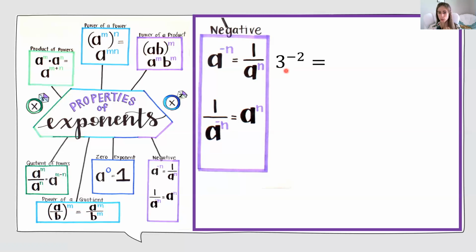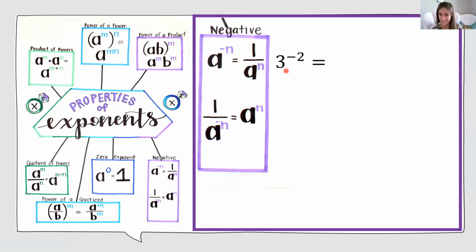Well, remember, in order to change an exponent's sign, you move it to the other side of the fraction. Wait a minute, I don't see a fraction here. So how in the world am I supposed to move it to the other side of the fraction when there is no fraction? Guess what?